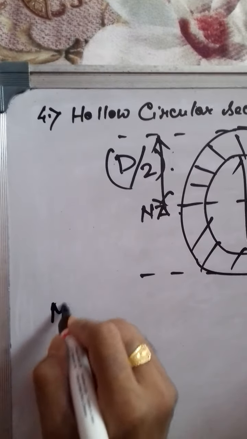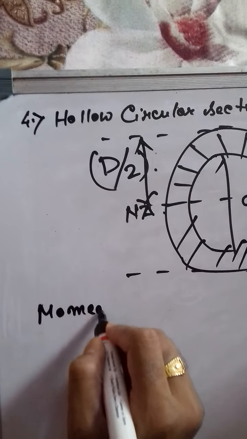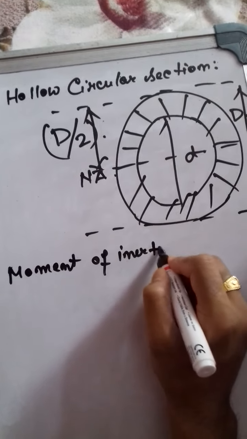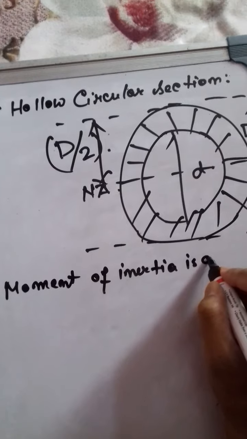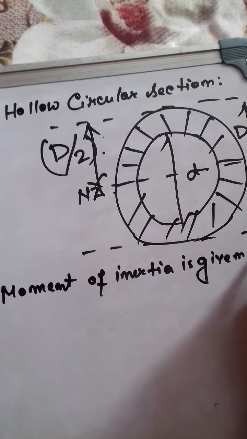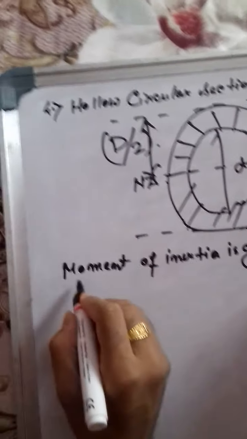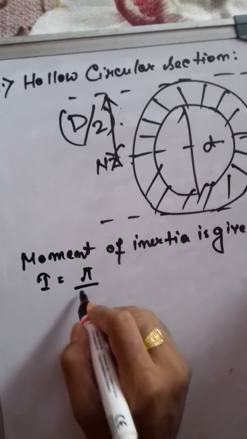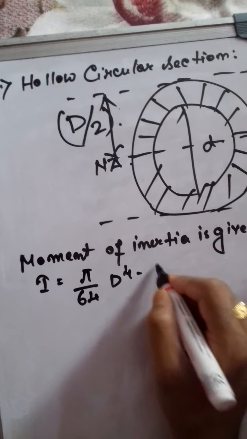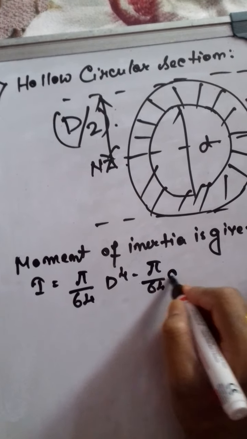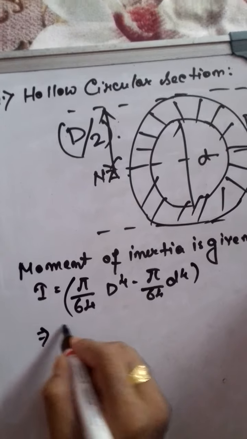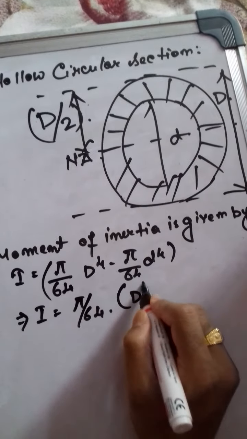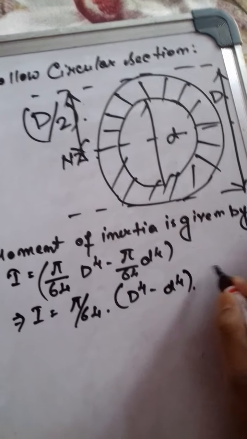Okay, now for a hollow circular section, we know that the moment of inertia is given by I is equal to pi by 64 D to the power of 4 minus pi by 64 internal diameter to the power of 4. So what we can do, pi by 64 you can take as common, (D to the power of 4 minus d to the power of 4).